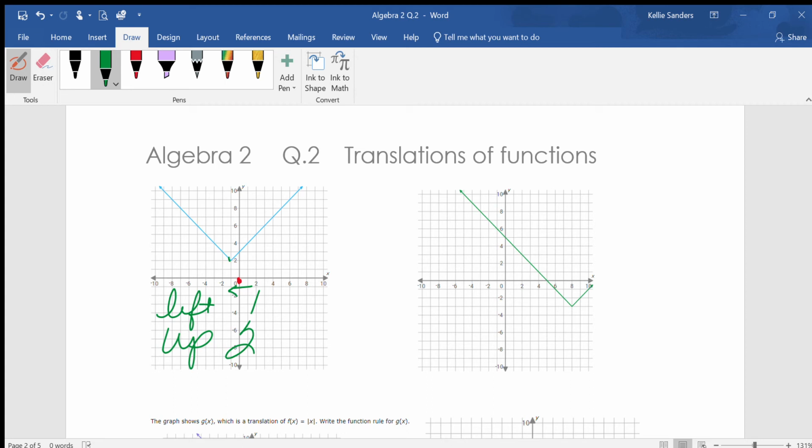So our equation, we'd have to have the absolute value symbols. X would go inside. So how would I do left 1? I would go plus 1 because it goes opposite. But up and down is always the number that it says. So up 2 is plus 2.